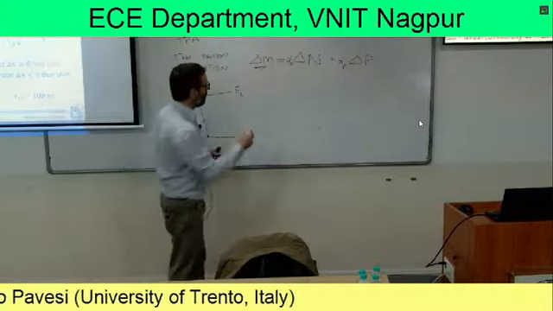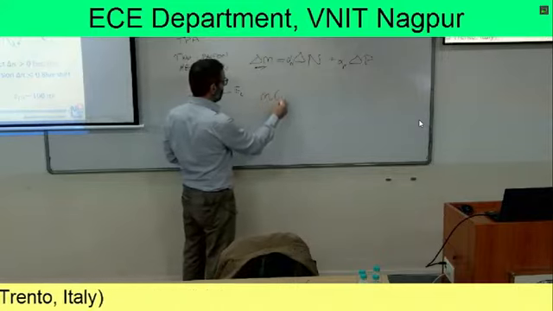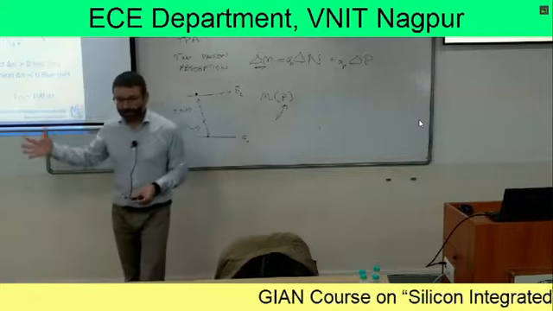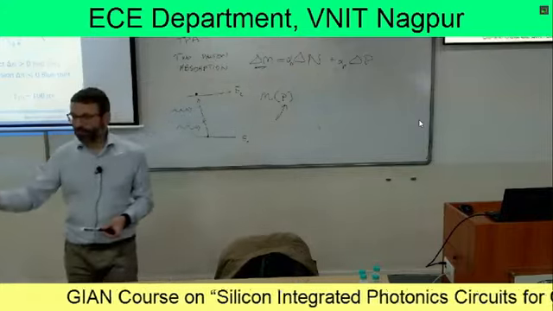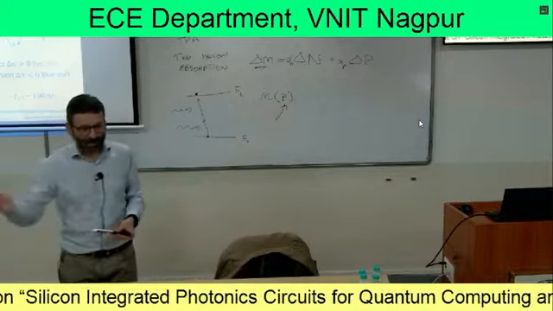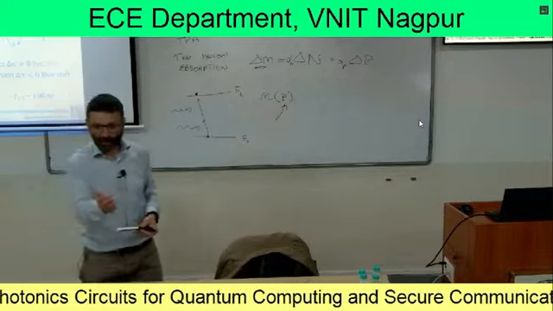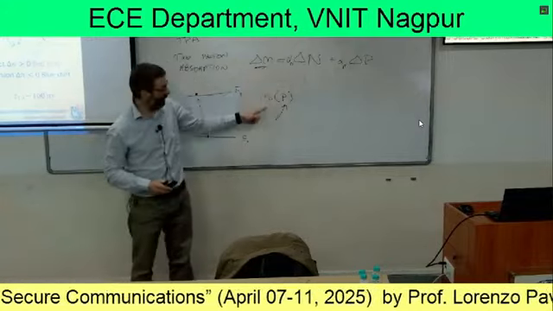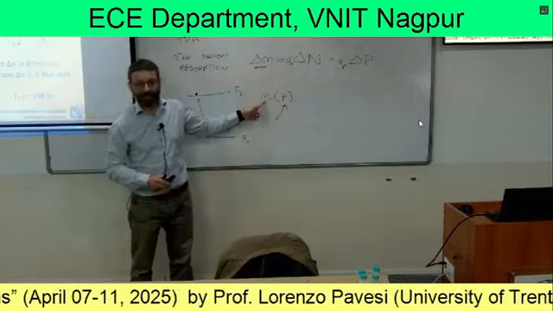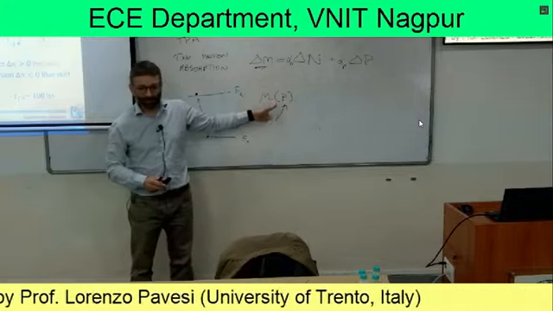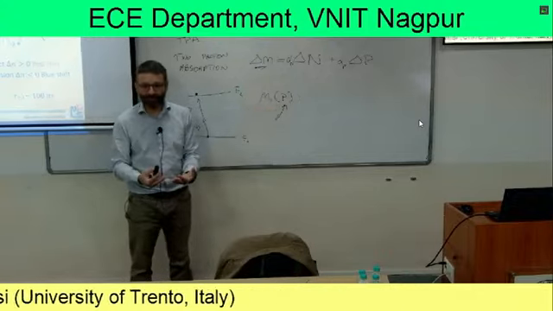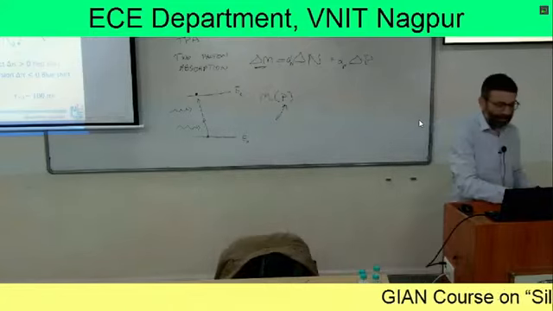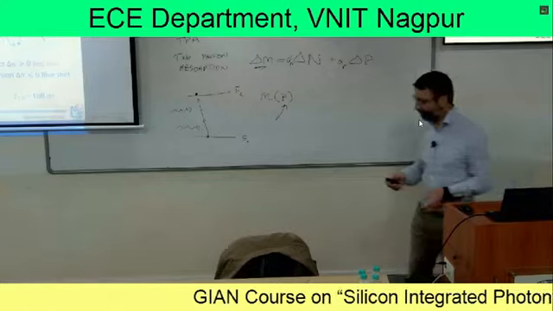It means that now the refractive index depends on the input optical power. The larger the input optical power, the more two-photon absorption events happen, the more free carriers we have, and those free carriers, through this relationship, change the refractive index. So we have a nonlinear dependence of the refractive index on the input optical power.